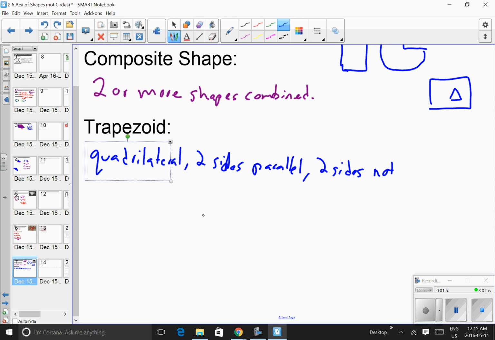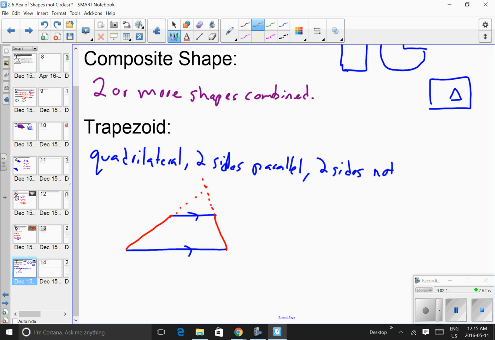So for example, I could have two parallel sides, so these are parallel, and these sides are not. If you continued these sides, they would eventually cross. So they're not parallel.